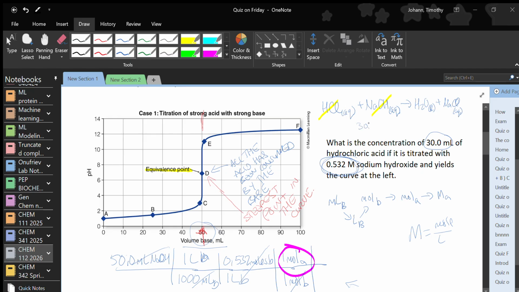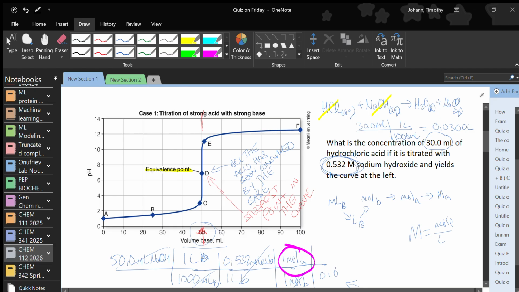I have 30.0 milliliters, and I know that 1,000 milliliters is equal to 1 liter. Okay, and if I put that into my calculator, I'm going to end up with 0.0300 liters. All right, so I'm going to say that I have 0.0300 liters of acid, which is HCl in this case.